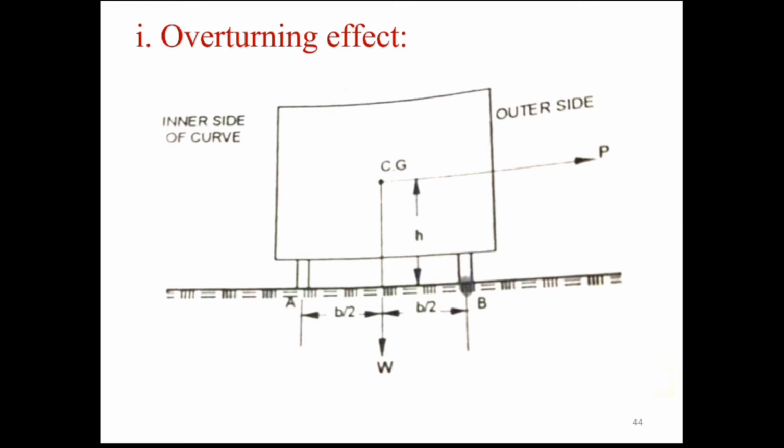The inner side of the curve and the outer side of the curve can also be seen in the figure. Force P is the centrifugal force acting on the vehicle.